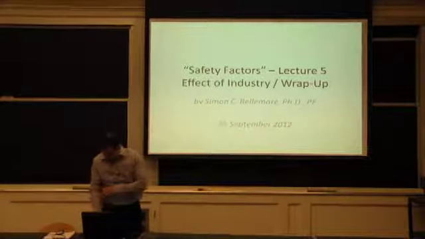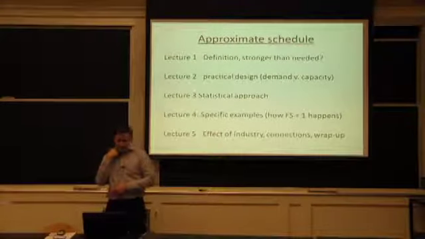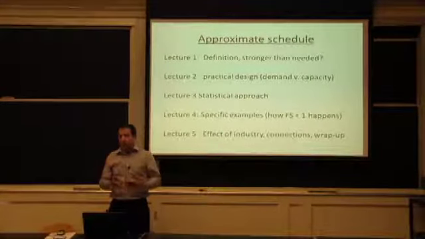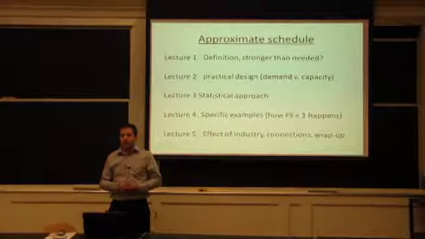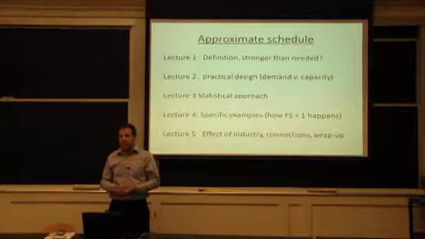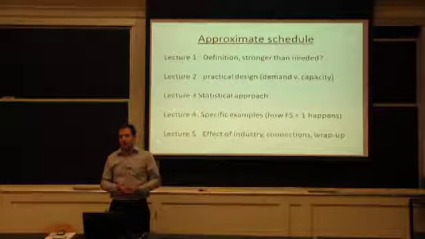So it's clear to us already that depending on which industry you're working in or designing a product for, you'll use a different design approach, and the numerical value of the factor of safety will be different.